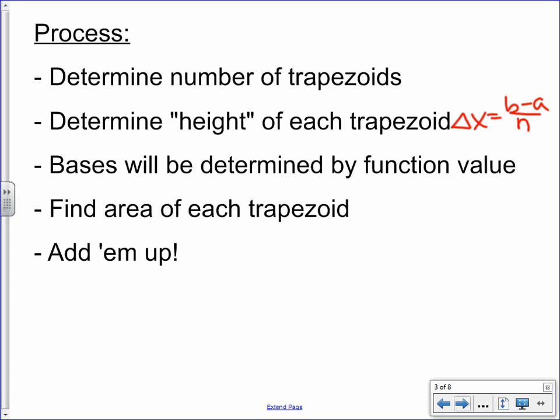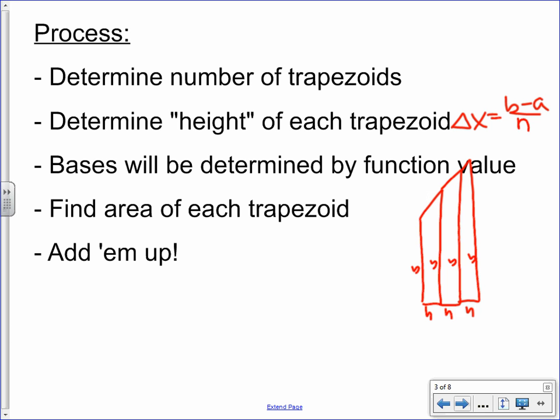Okay, same way we found it, it's still our delta x. So delta x is h. Yes. So yeah, our trapezoids are going to look like this. Where this is each of the heights, and then here are our bases.